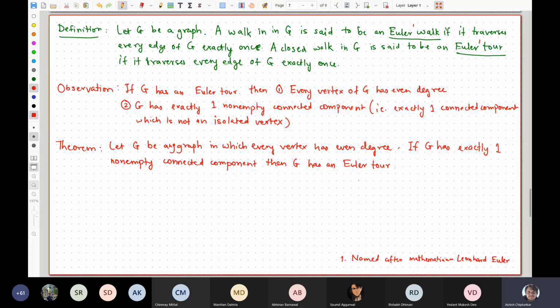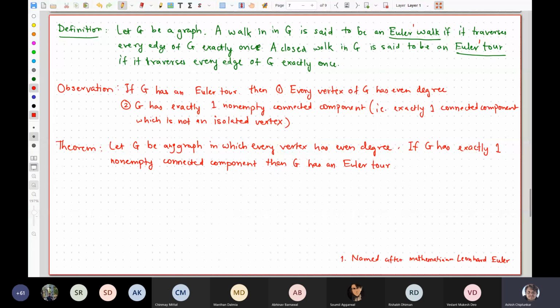So let us do some background work before we actually go into proving this claim. So G has exactly one non-empty connected component, fine, and every vertex in that connected component has even degree. So any immediate conclusion that you can draw out of this?